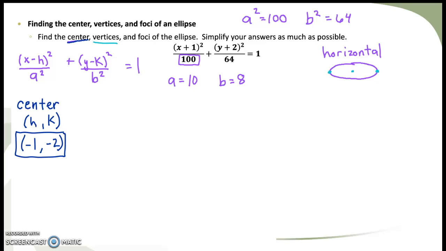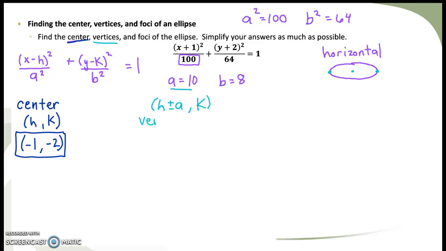So for our vertices, we add a onto our x value from our center. So from our center (h, k), it becomes h plus or minus a as our x coordinates, and then k stays the same as our y coordinate.